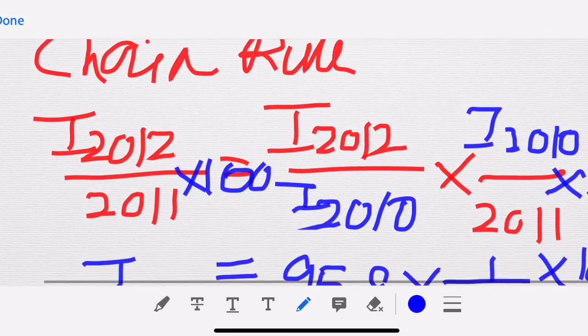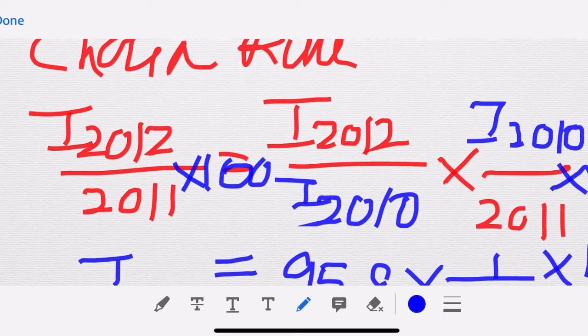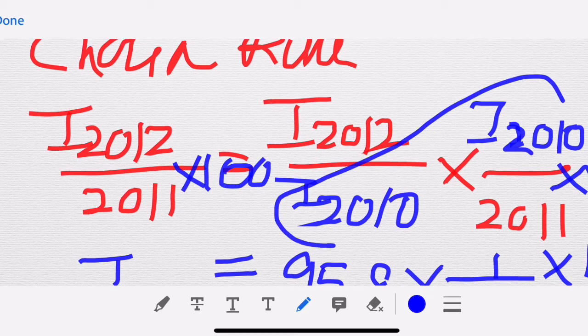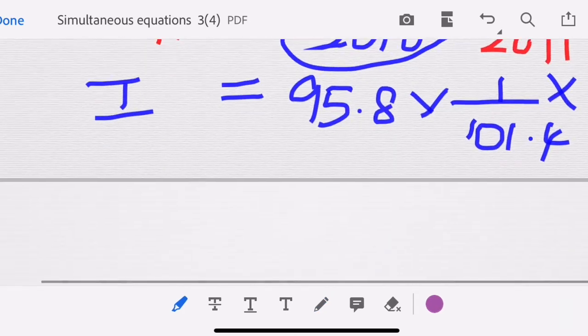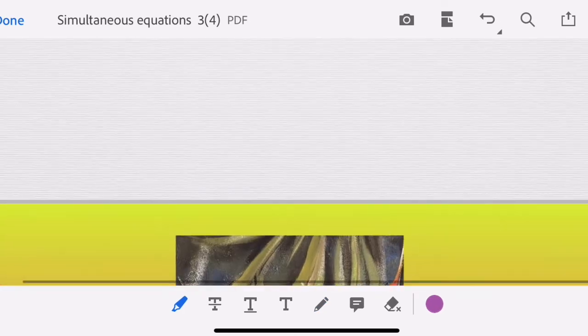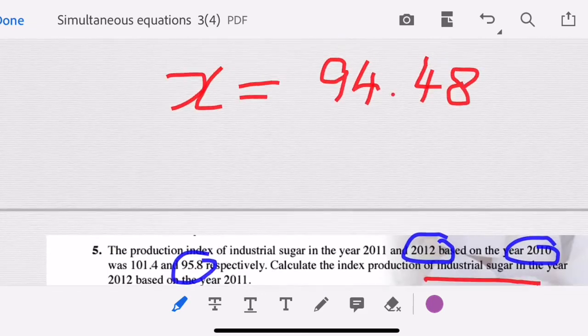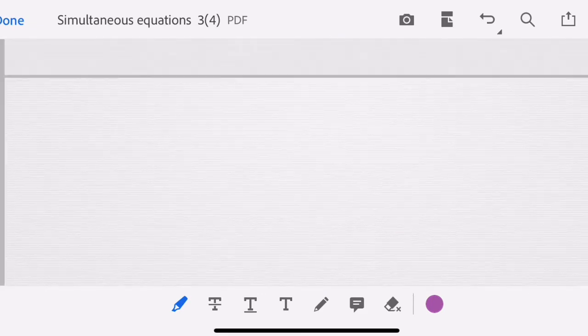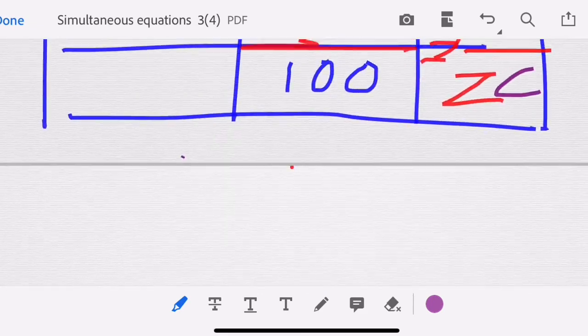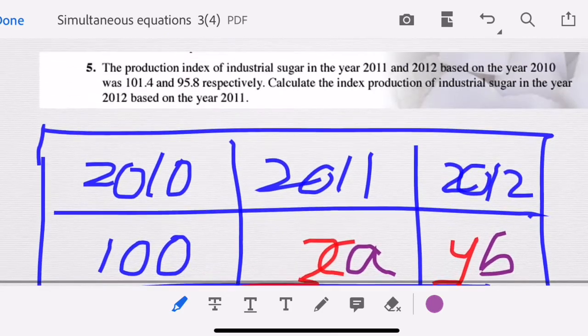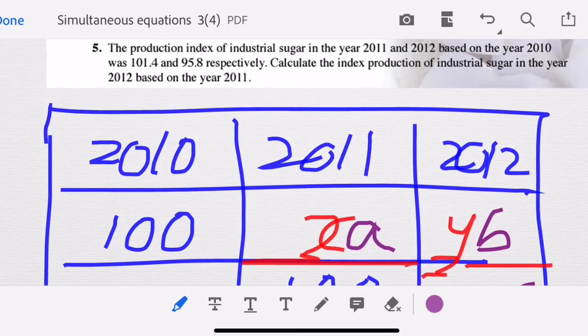Okay, this is actually using the chain rule. I'm using the chain rule. I change up this 2010. There's a change between the two fractions. Okay, then the last method that I would like to share with you, of course, will be the table method, right? So I'm going to explain to you the table method. So the table method is we are going to use this table.